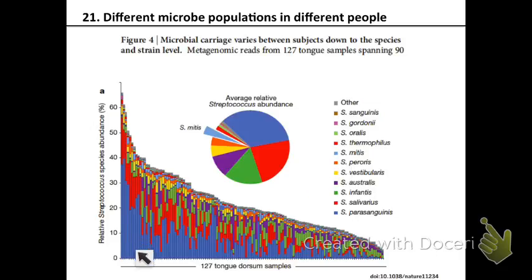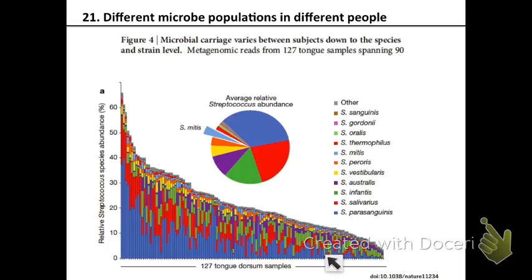And then here, on the x-axis, they're plotting each sample from 127 tongue samples. So these are basically coming from 127 different individuals, right? And on the y-axis, they plot the relative abundance of each of these species. What that means is, look at this one, Streptococcus sanguinis, the blue: in this sample, a very large proportion of the sample from that person contained this particular microbe, and it contained a little less of everything else.